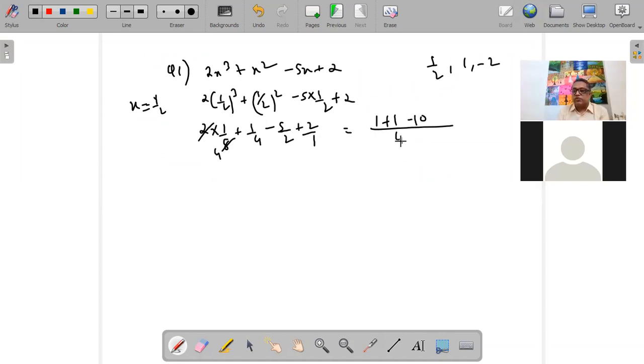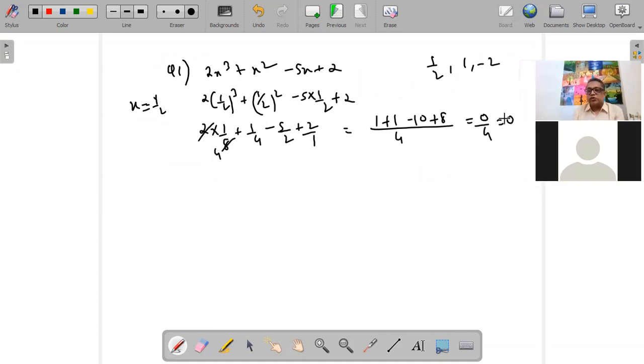And 1 goes 4 times in 4, and 2 fours are 8, so it will become 8. So 1 plus 1 is 2, 2 plus 8 is 10, minus 10, I get 0. 0 by anything is 0. So in the first part, you have got 0. So it is a zero of the polynomial. You have to get 0. If 0 is not coming, it means you have done something wrong. So 0 came when I substituted x as half.